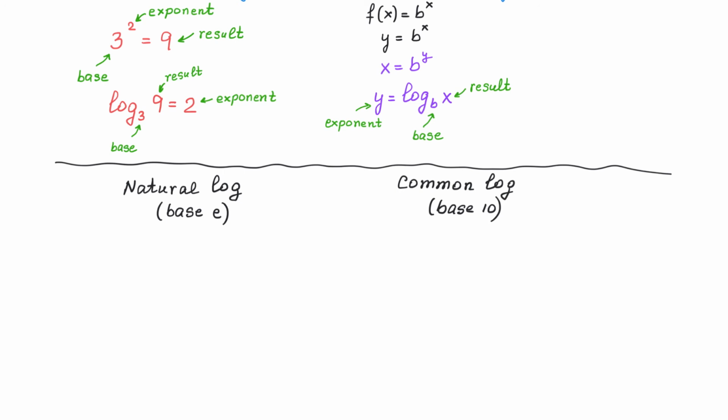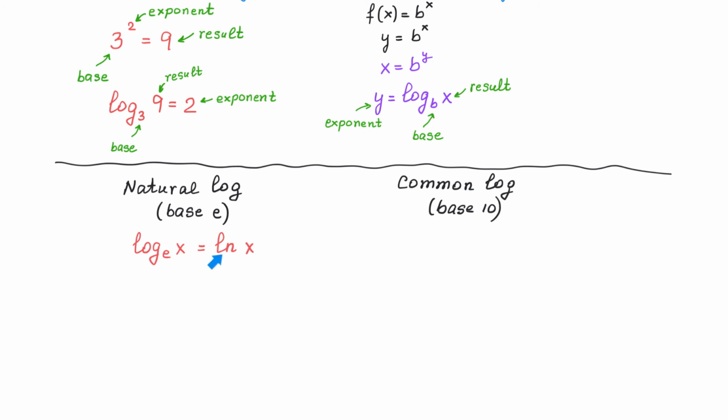With the natural logarithms, if we have a logarithm where the base is e of a certain number x, then we have a special notation, and instead we just write ln x, that is natural logarithm of x.